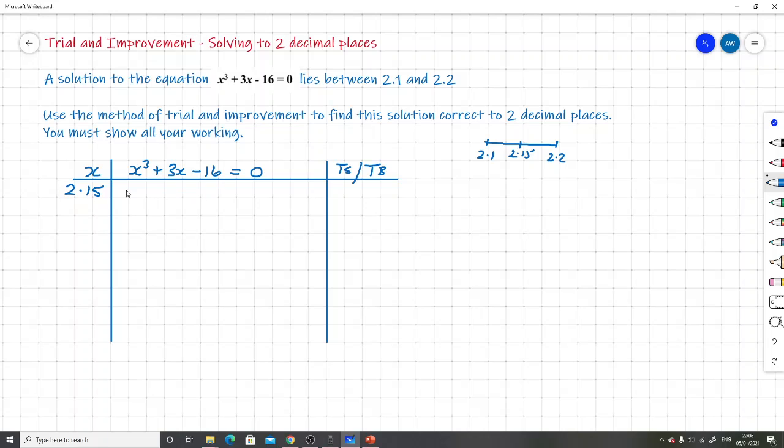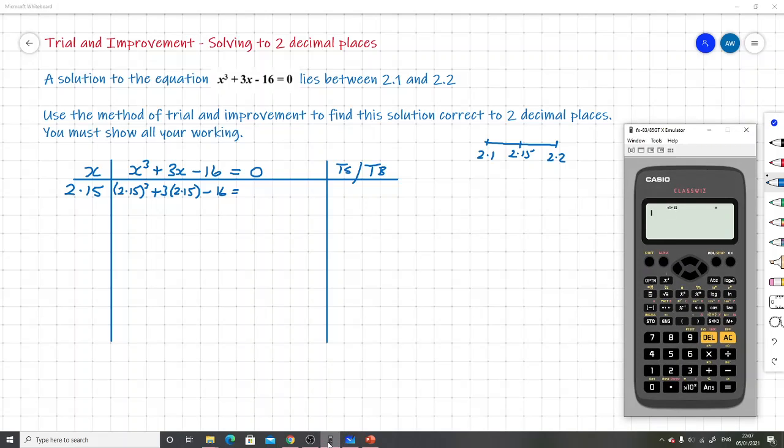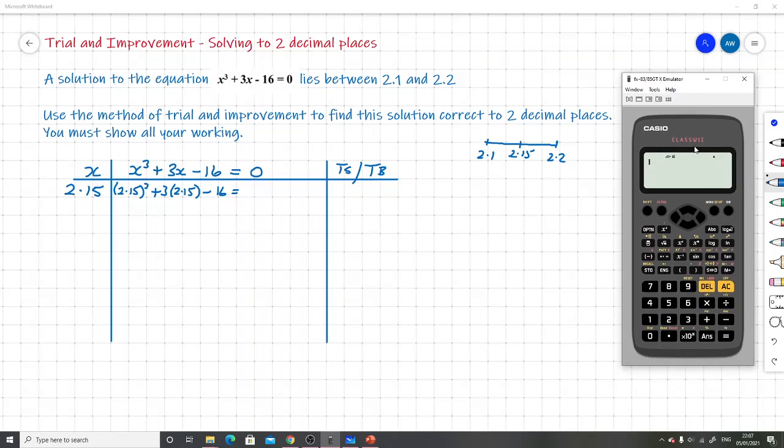So as before, we substitute, we write this in: 2.15 cubed plus 3 brackets 2.15 minus 16 equals. Now we need to put that on a calculator, so I can bring up my calculator. I'm just going to type that in exactly as I see it on paper.